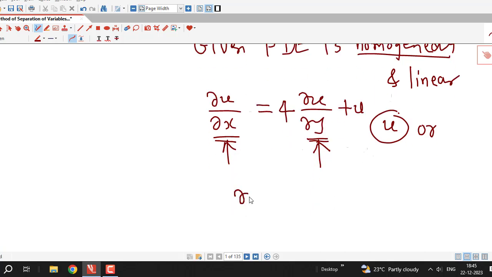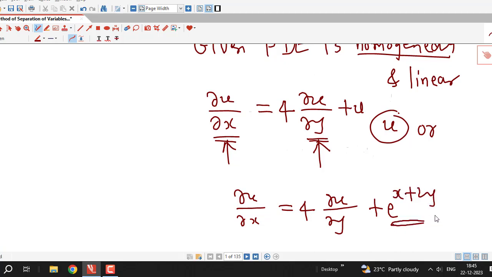But if I write del u by del x equal to 4 into del u by del y plus e raised to x plus 2y, then this is a non-homogeneous partial differential equation, because this term does not contain the dependent variable or its derivatives.